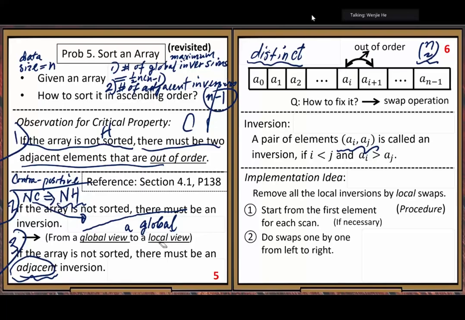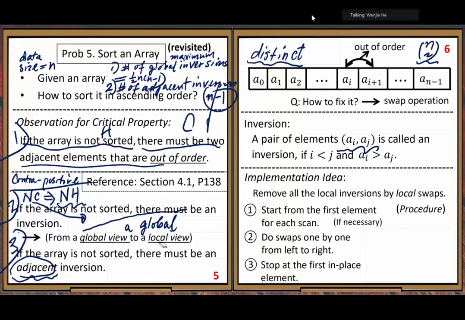Then the third step: start at the first in-place element. To understand the third step, we need to understand a little more. Let's consider our first scan, from beginning to end.